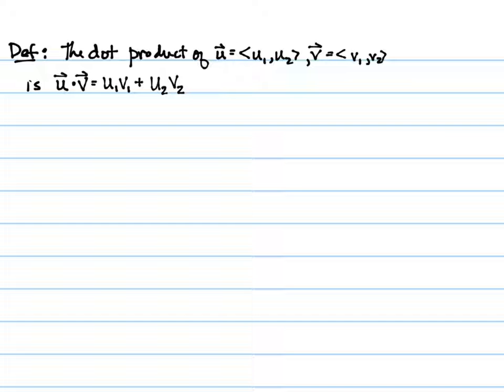We can do the same thing with 3 dimensions, and it will just 3-dimensionalize this like everything else we were doing last time, right? So we're going to have u1, u2, u3, v1, v2, v3, and multiply them component-wise and then add them together.